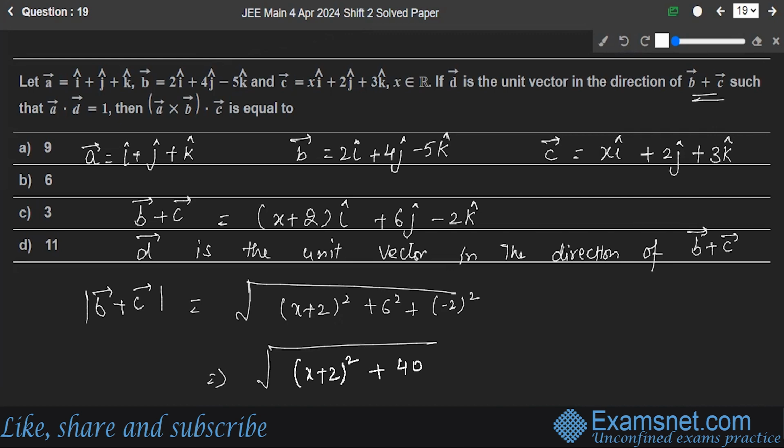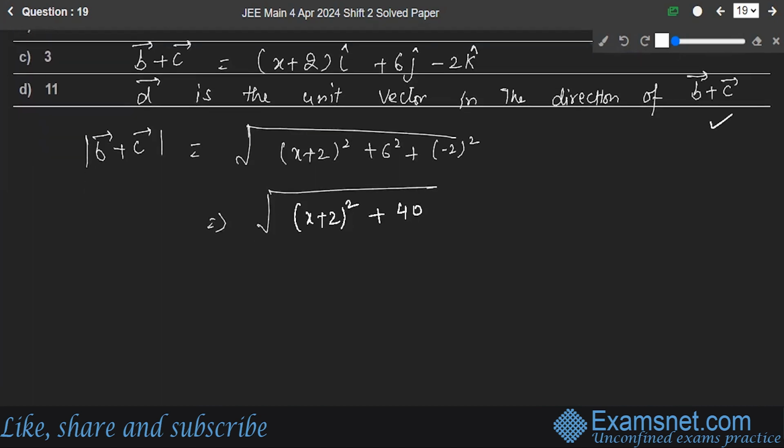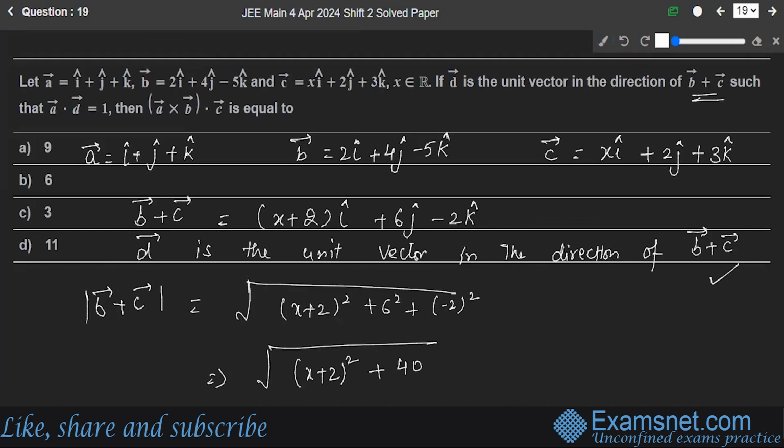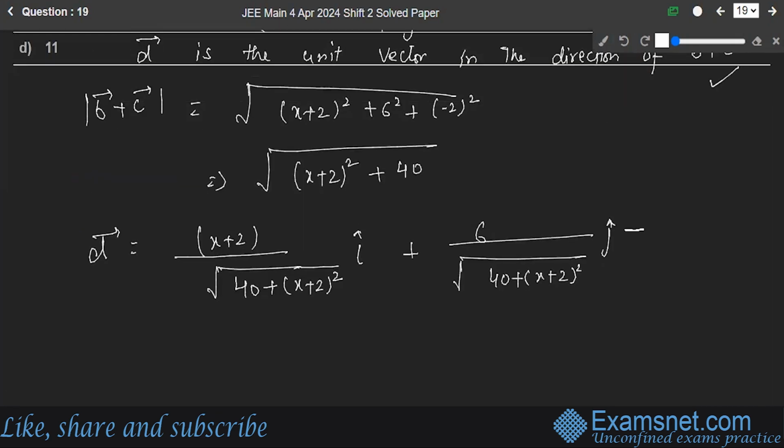Correct. Now the D vector, because D is a unit vector in the direction of this, will be given by (x plus 2) upon root of this, i cap, plus 6 upon this, j cap, and minus 2 upon root of this, k cap.